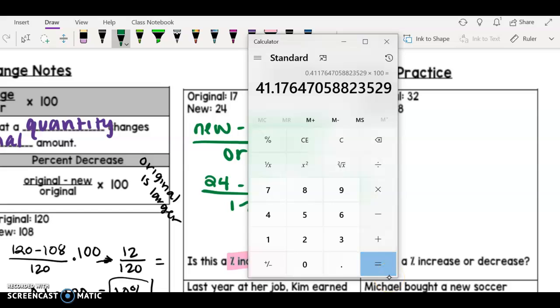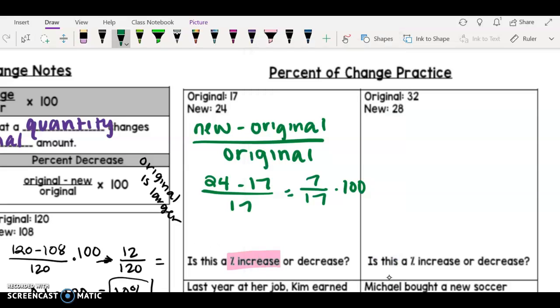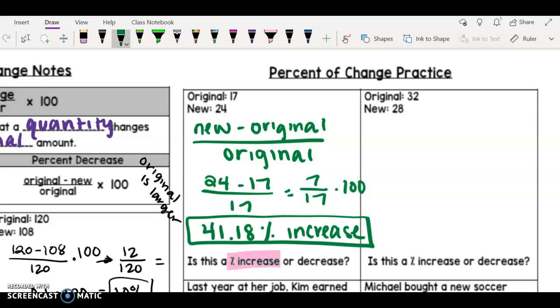So you get 41 point, and we're going to round to the nearest hundredth, so we're going to do 41.18 percent. And write the word increase next to it. That way, if anybody is trying to figure out what kind of percent that is, at least we know that we are increasing by 41.18%.